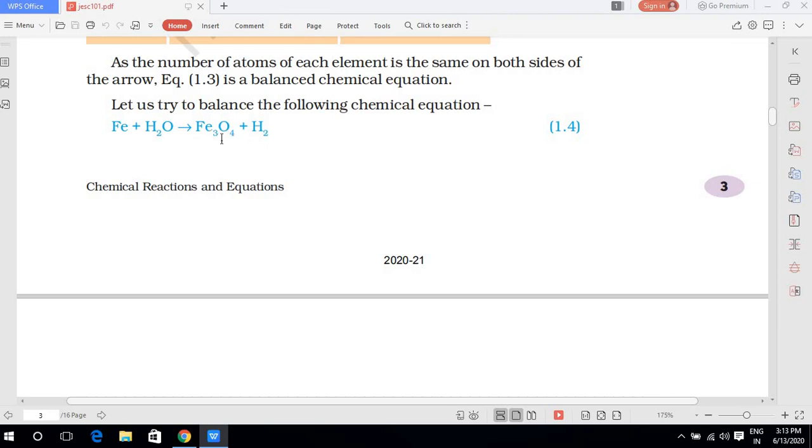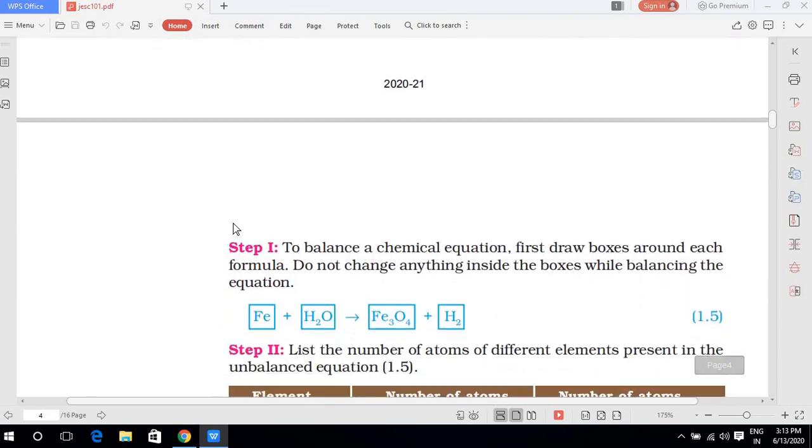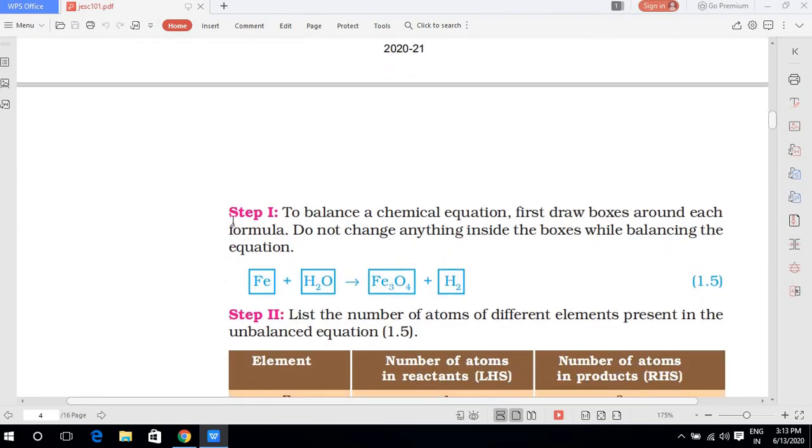Iron oxide, Fe3O4, is the molecular formula for iron oxide, which can also be called ferrous oxide, because ferrous and ferric mean iron, and it is represented by Fe.